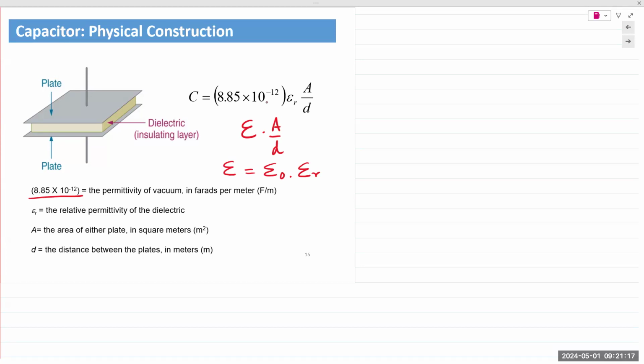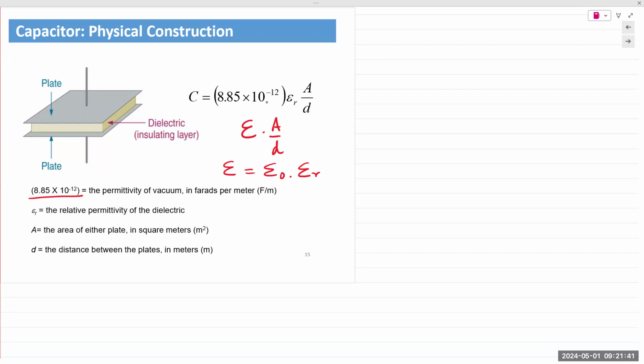And then epsilon R, like mu R, is a material property. So it depends on the material that you're using for the insulation purposes. So the insulator material property gives you the value of epsilon R. A is the area of the plate in square meters.